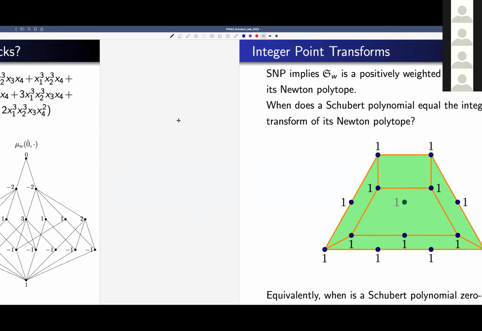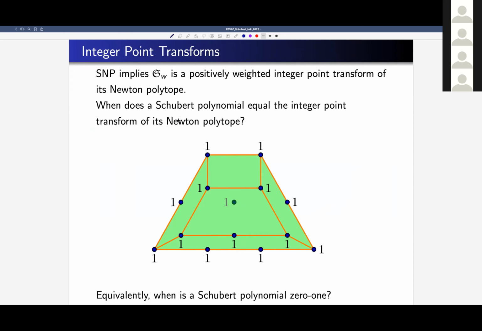now with that, since we were already at 0, 1 Schuberts, right, this conjecture, 0, 1, let me say that we know who 0, 1 Schuberts are. Okay, we can characterize them. Well, first of all, polytopally, what does it mean to say that we have a 0, 1 Schubert polynomial? Well, it means that the Schubert polynomial is the integer point transform of its Newton polytope.